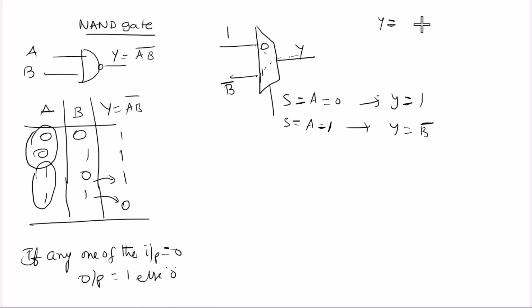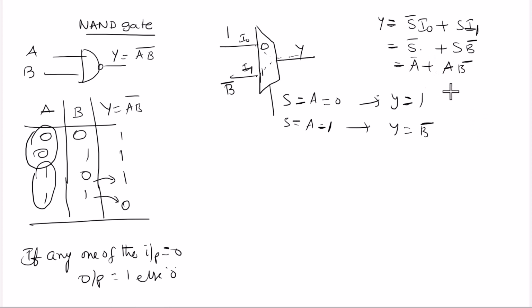Actually the 2 to 1 multiplexer, treat that as I0 and I1 for the sake of simplicity: S bar I0 plus S I1. Instead of I0 I have put 1 here, and instead of I1 I put B bar, right? S bar means A, so it is A bar plus A B bar.